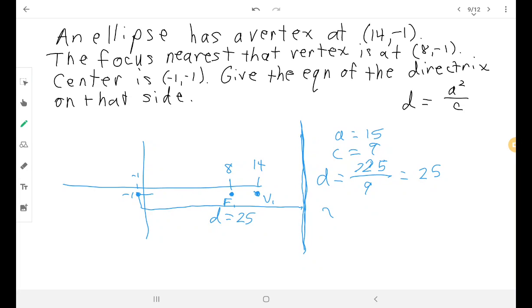And then the equation for that is x equals, because it's a vertical line, because this ellipse looks something like that. It's wider than it is tall.